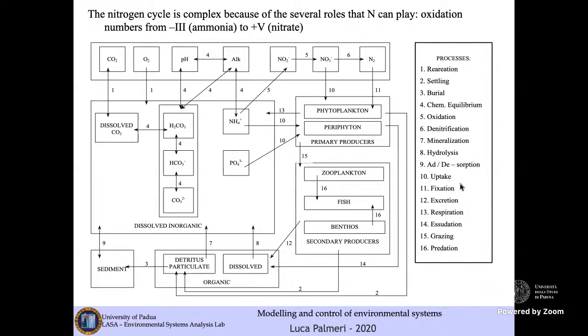The processes linked to nitrogen dynamics are essentially reaeration, so oxygen that transfers from the atmosphere onto the water, so the dissolved inorganic part. Here we are dividing into inorganic materials, like for example CO2, oxygen, or inorganic parameters like for example the pH or the alkalinity, or into inorganic forms of nitrogen like nitrate, nitrite, and gaseous nitrogen.